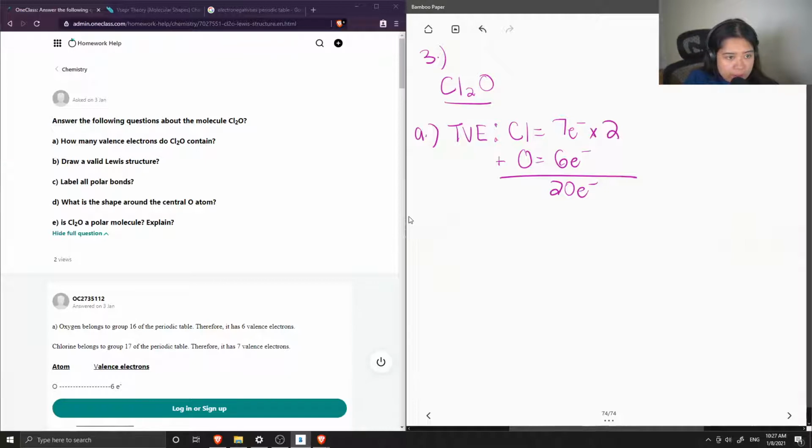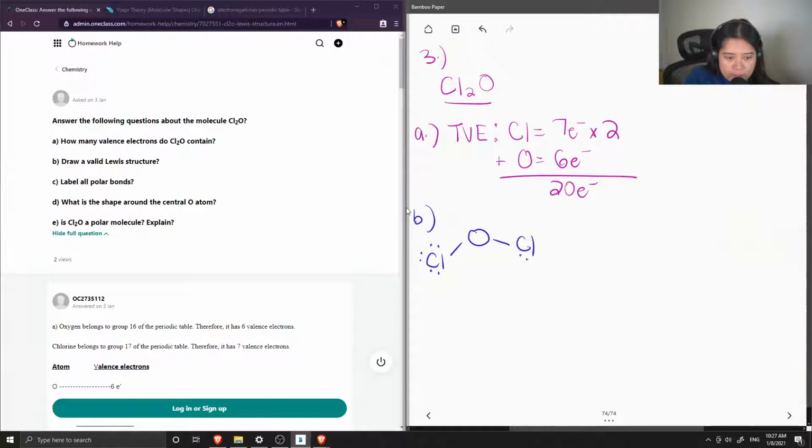Part B, draw a valid Lewis structure. So let's draw our oxygen in the middle, and then we'll draw single bonds to chlorine. Now let's see how many electrons I've drawn so far.